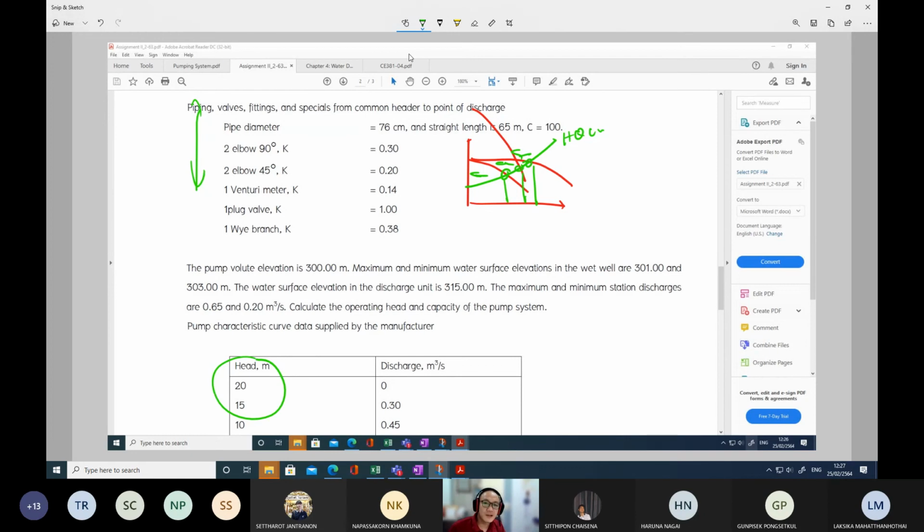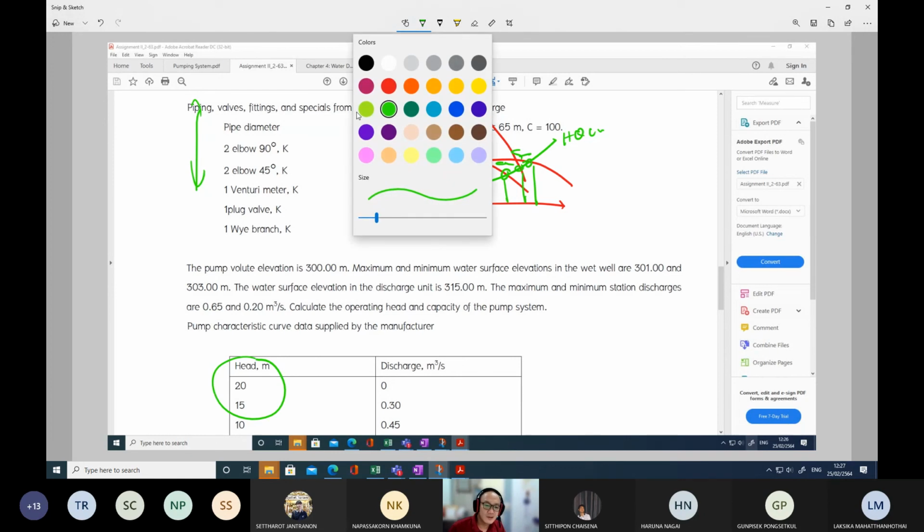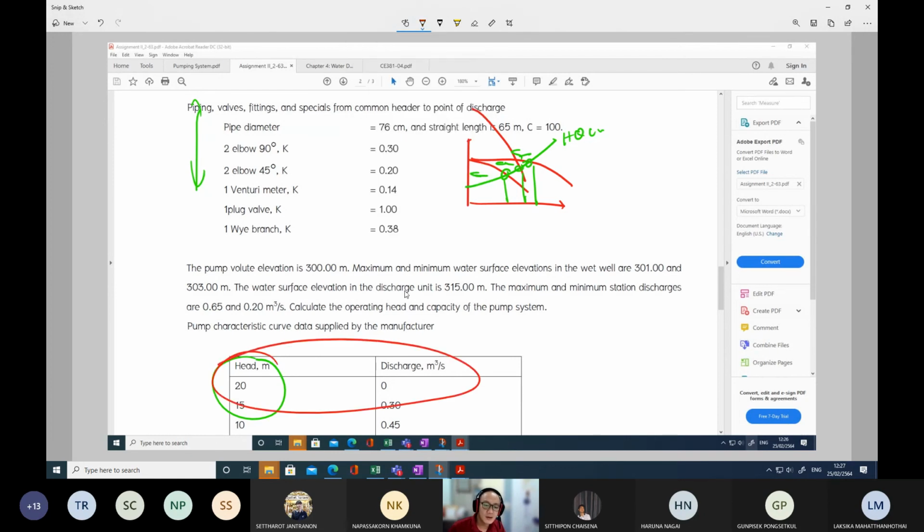So this information is what you prepare to determine this curve, and this curve.